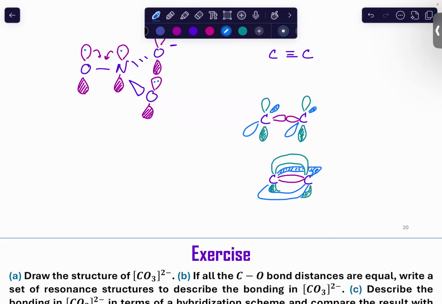Your triple bond is going to have this kind of structure. They're perpendicular? Yeah. So you get the up and down pi bond, and the in and out pi bond.